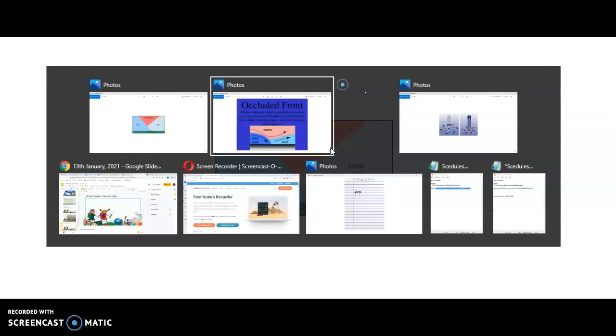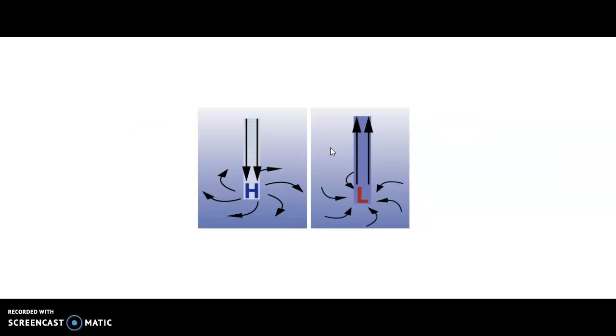So we're now going to look at two other symbols that we usually see. We usually see H, which means high pressure, and we also see L, which means low pressure. The pressure that we are feeling here on Earth affects our weather. Usually when there's high pressure, we have a sunny day, a warm day with a little bit of clouds.